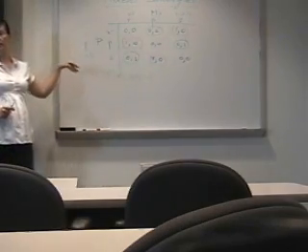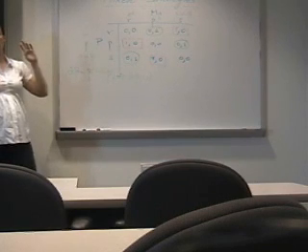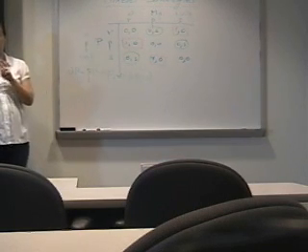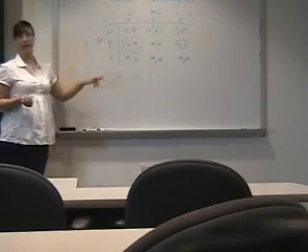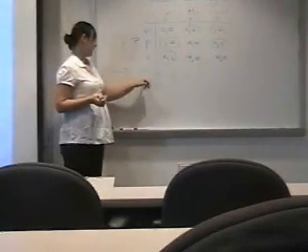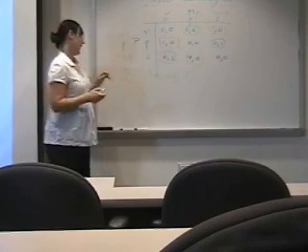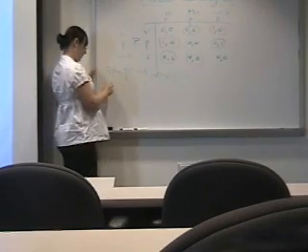So we have two things that we don't know, alpha and beta, and two equations. Just by looking at these two, we see that alpha needs to equal beta.